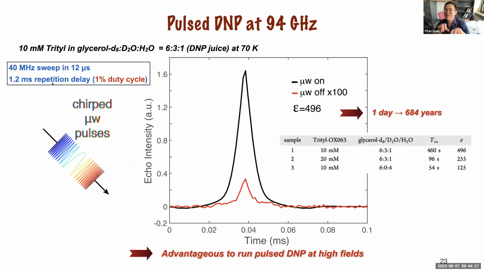So within this 1 millisecond repetition delay, I think it's quite efficient to diffuse all the polarization towards the whole bulk.